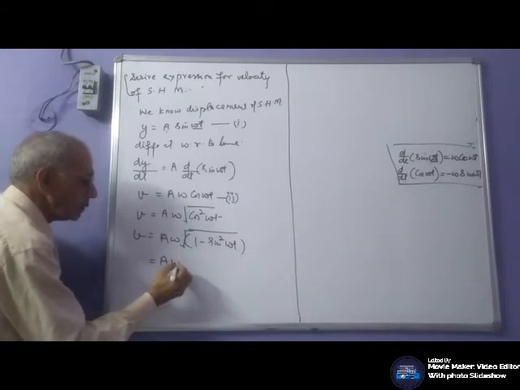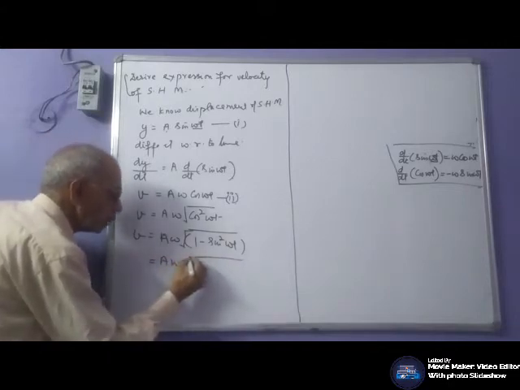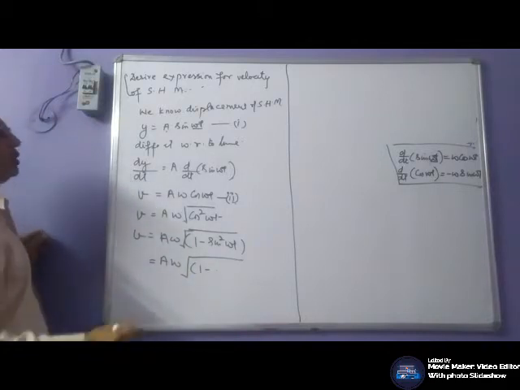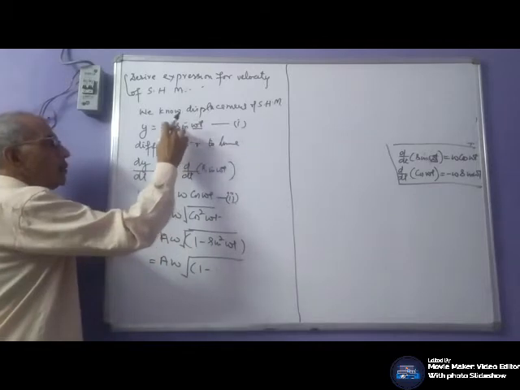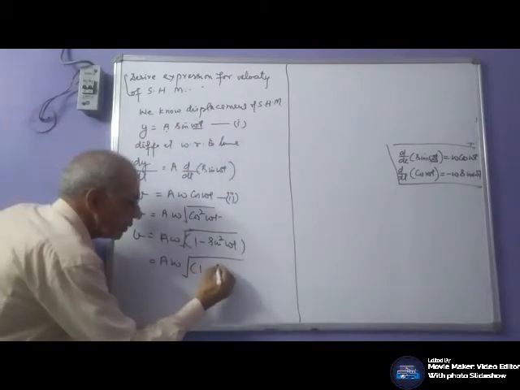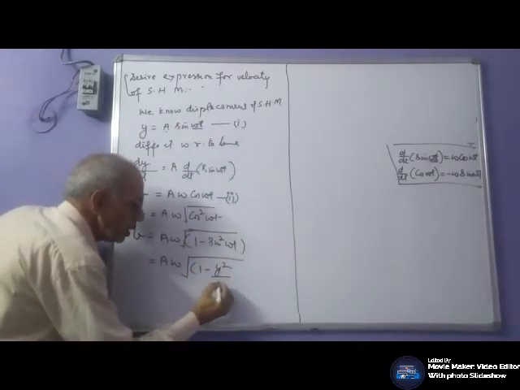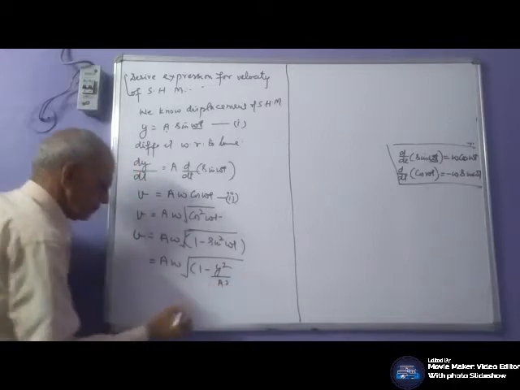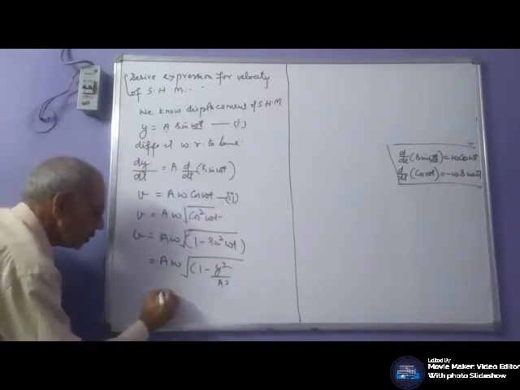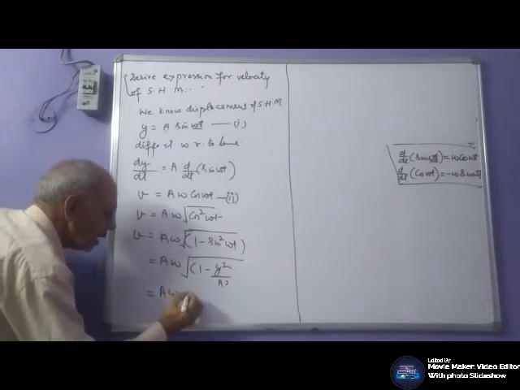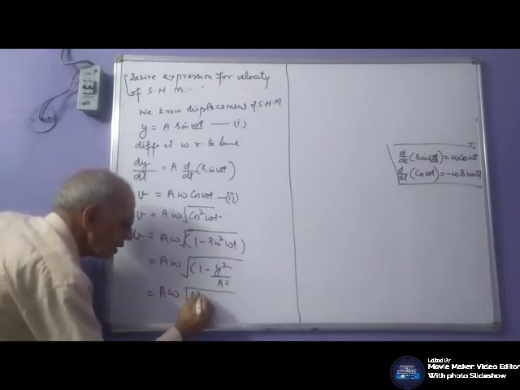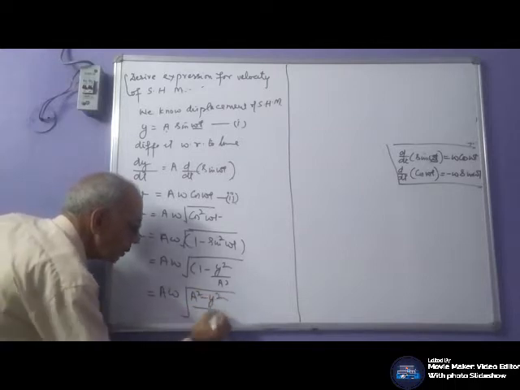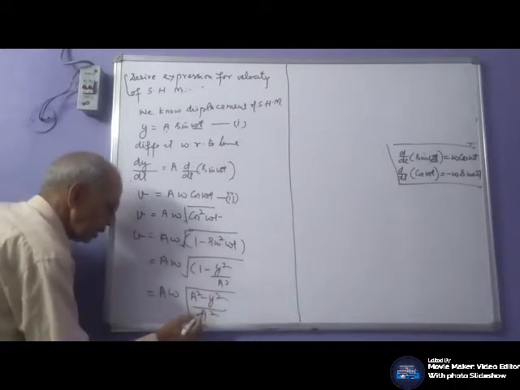A omega under root 1 minus sine square omega t. Look at the equation first: sine omega t is y by A, so sine square is y square by A square. A omega under root A square minus y square by A square.